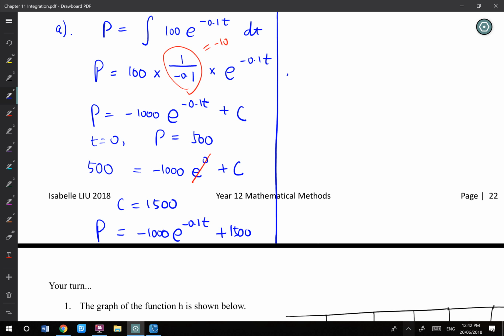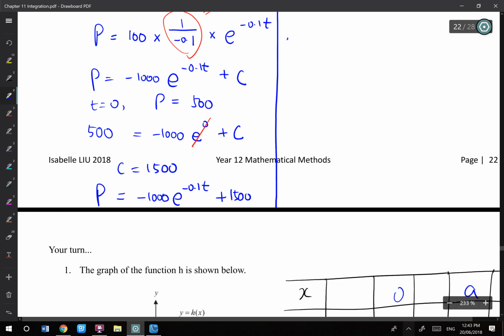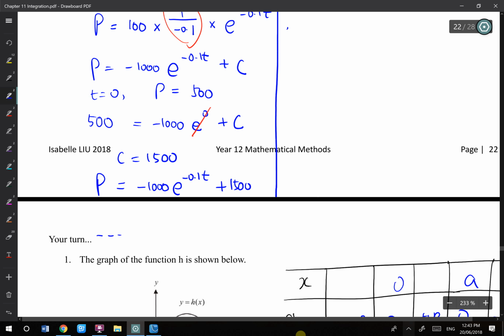Part B asks you to sketch this graph for the first 10 years. If I think about the ongoing graph, I have a base greater than 1, so I have an increasing graph.